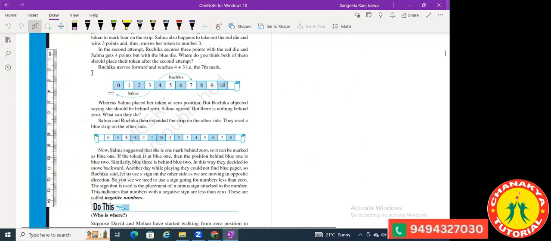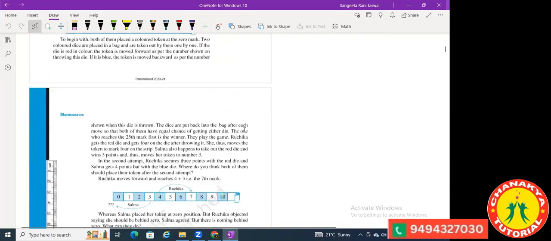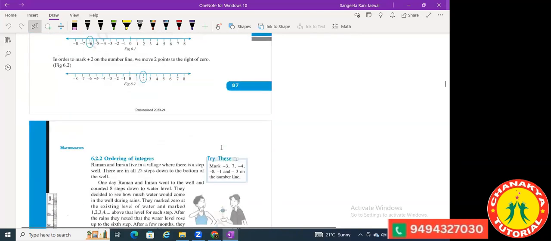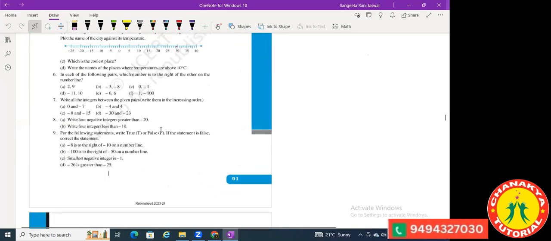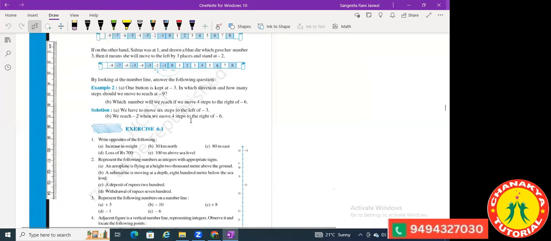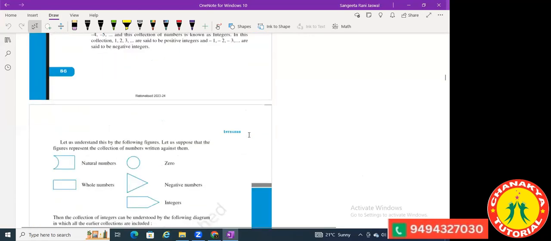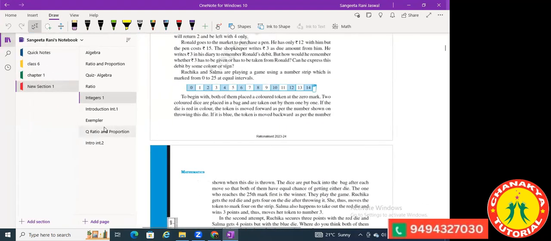This is the chapter on integers. This is the content that we are going to study. But before we go with the book questions, I will take some things in the introduction part, okay?